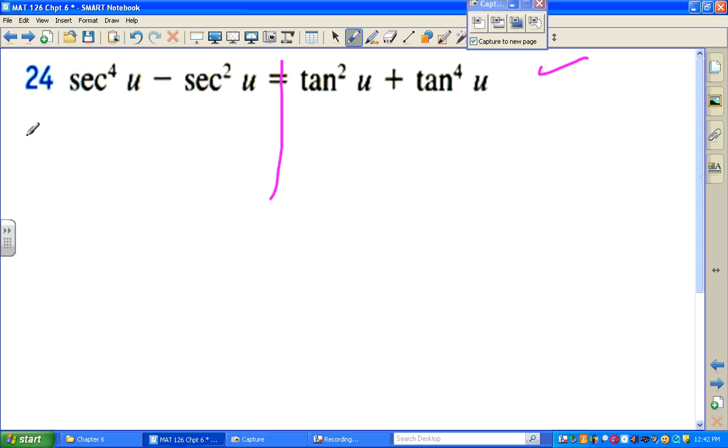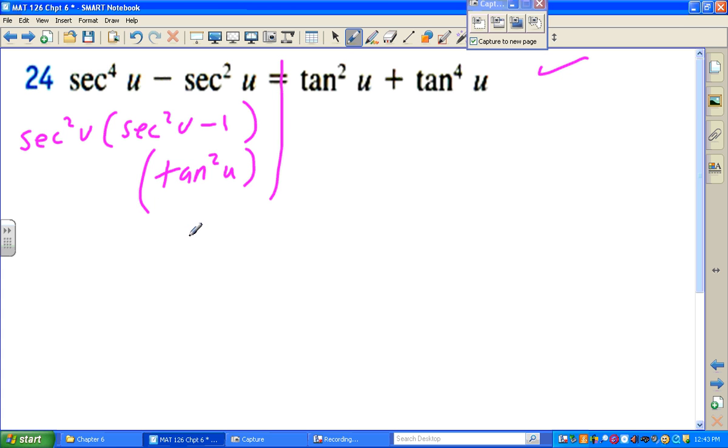Factor out secant squared. Secant squared minus 1 does equal tangent squared. What's secant squared equal? 1 over cosine squared, or 1 plus tangent squared.